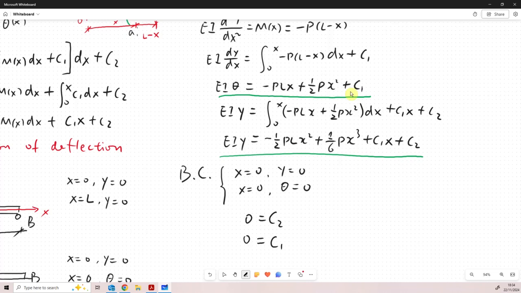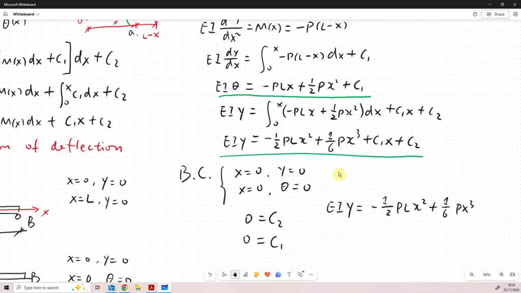So the final equation is EIy equal to minus 1 over 2 PL x squared plus 1 over 6 P x cubed. Since C1 equals 0 and C2 equals 0, there are no more terms.